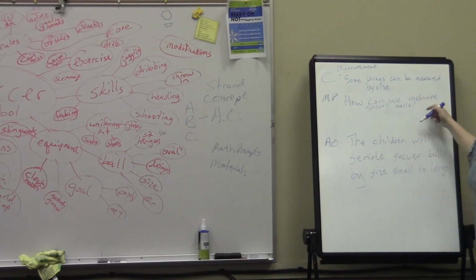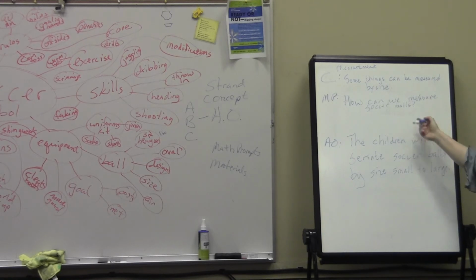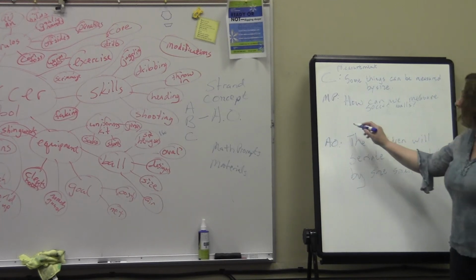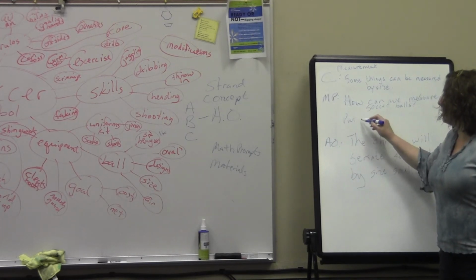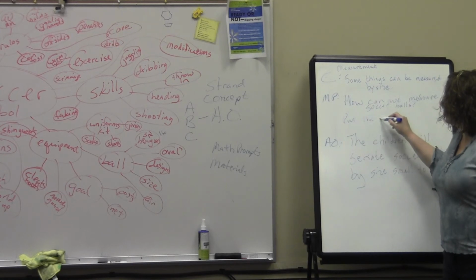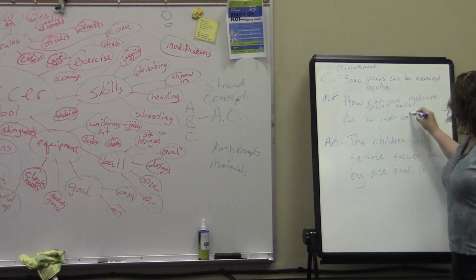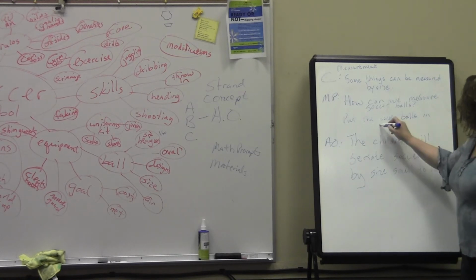So we could ask them the question, how can we measure soccer balls? And then they might come up with a different way. Or we could just give them the prompt I was hearing over here: put the soccer balls in order by size. That's very direct and they'd understand.